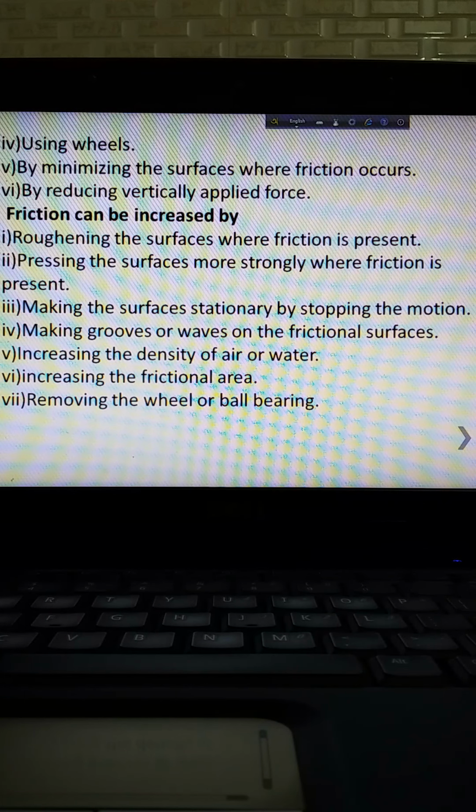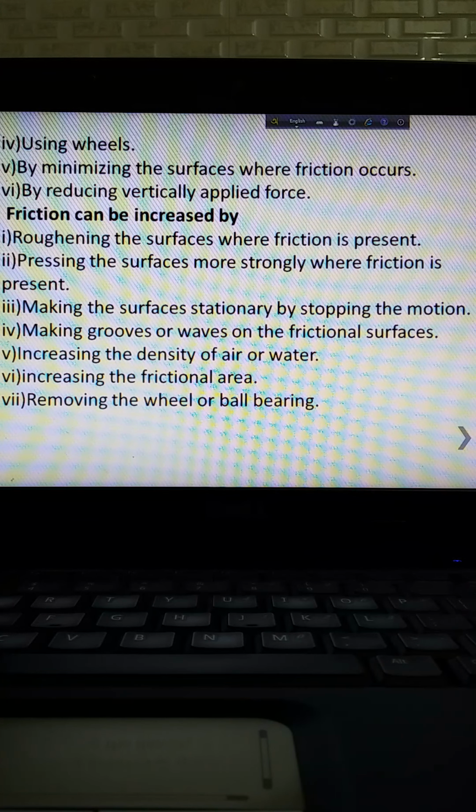Making grooves or waves on the frictional surfaces. If we use grooves or waves, that will help us to increase the friction. That means that will increase the resistive force, so that will increase the friction as well. Next, increasing the density of air and water. That means increasing the density of fluid in which vehicles move, for example, we have seen that a parachute moves in air.